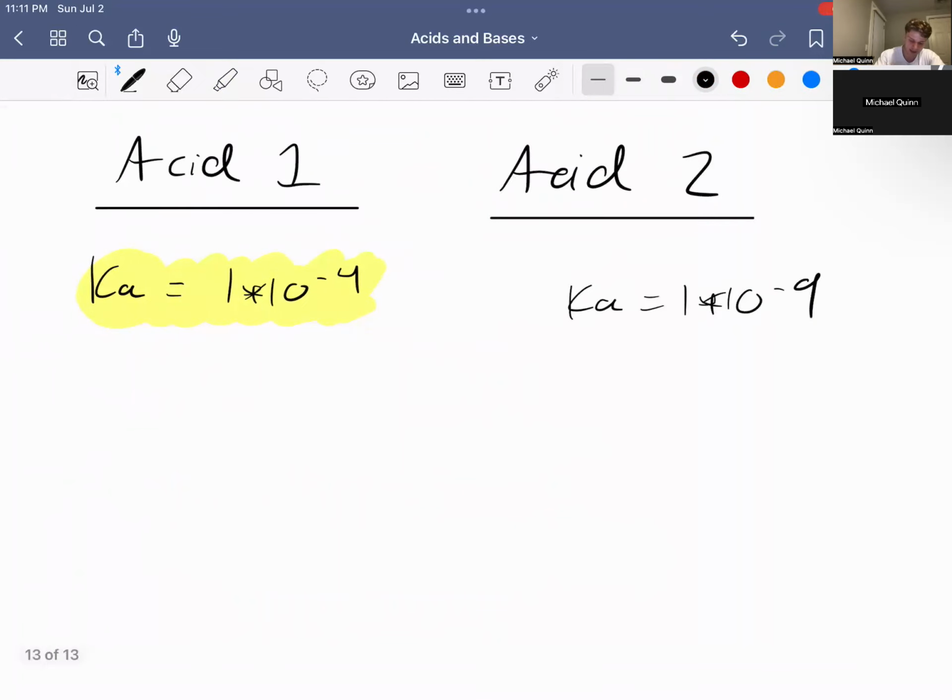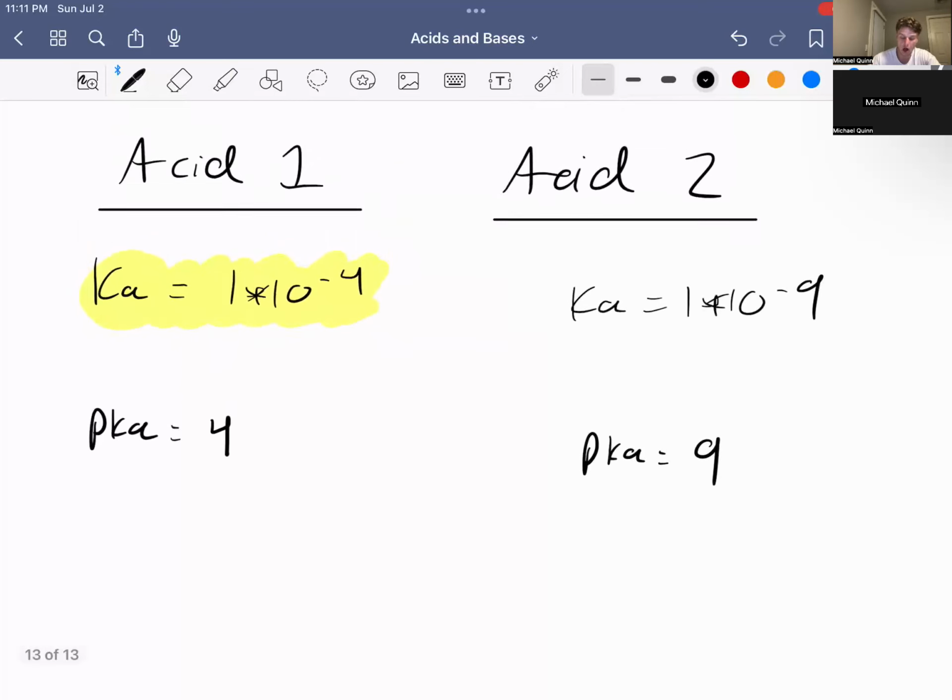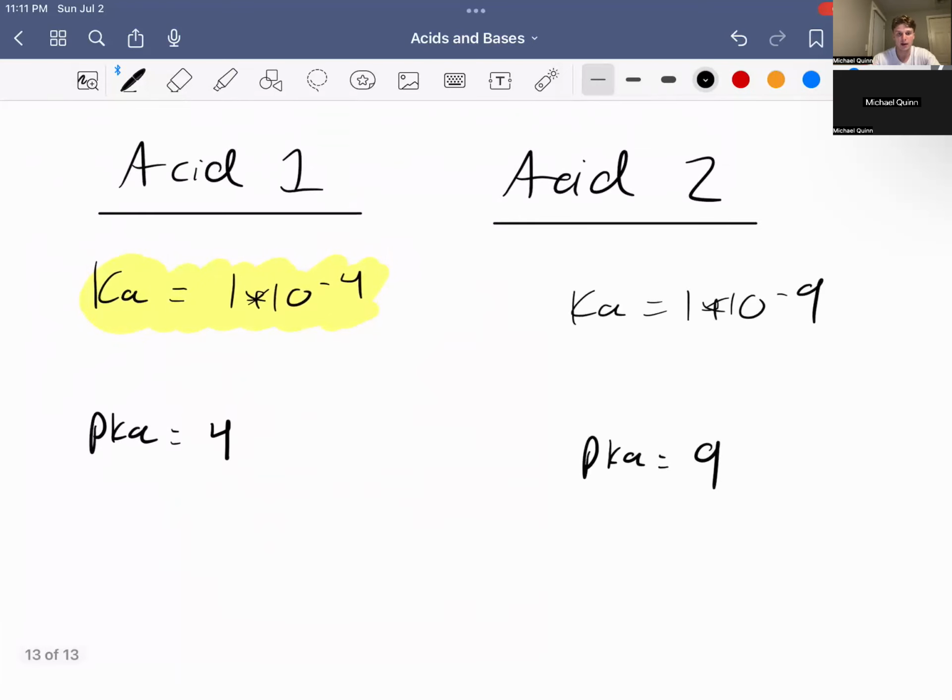Now, what does that mean about their pKa? Well, the pKa is just the negative log of 1 times 10 to the negative 4. So the pKa is simply 4. And the pKa for acid 2 is 9. So as we can see, a lower pKa is associated with a stronger acid.